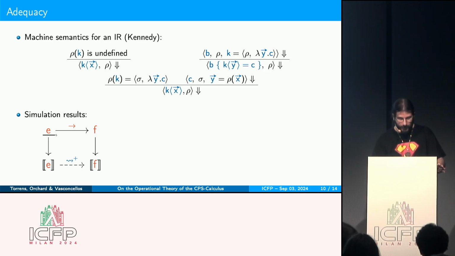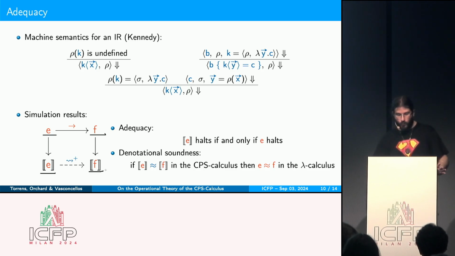So if a term E reduces to some term F, the compilation of E reduces to the compilation of F. Based on this result, we can see that Kennedy's IR and Appel's IR are adequate for compilation of the lambda calculus. So a compiled program halts, the program terminates, if and only if the original terminates under beta reduction.